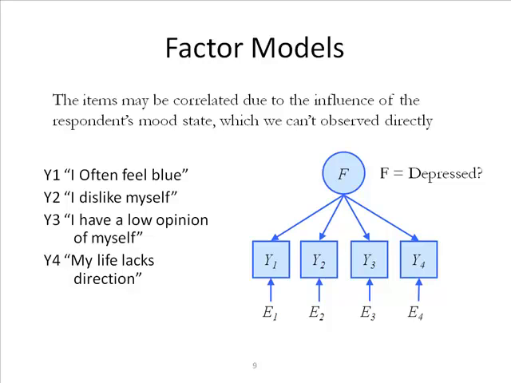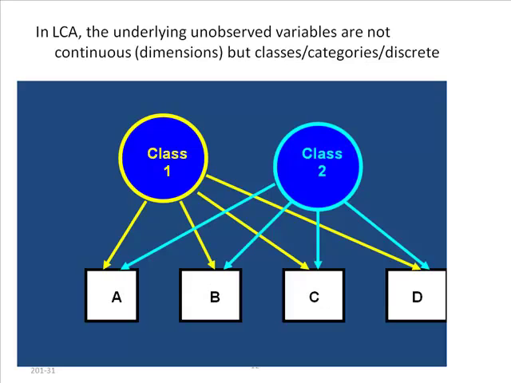I can count it from 0 to 100. Say it represents a scale from 0 to 100. But actually, in depression, very often people are more interested in whether or not people are depressed or not. They're not interested in an underlying continuous scale. They're interested in classes, in categories. Are you depressed or not?